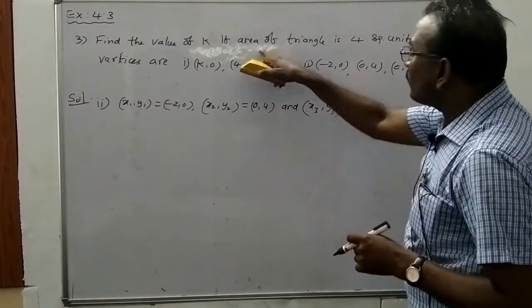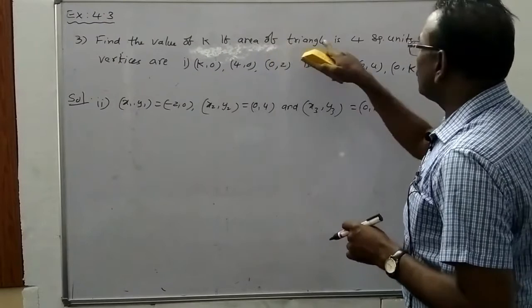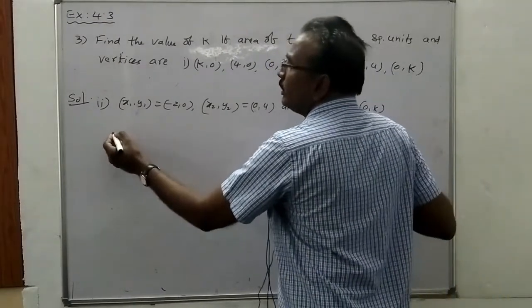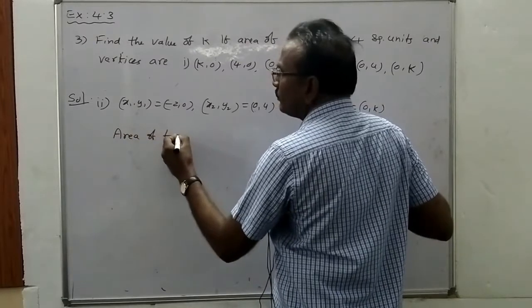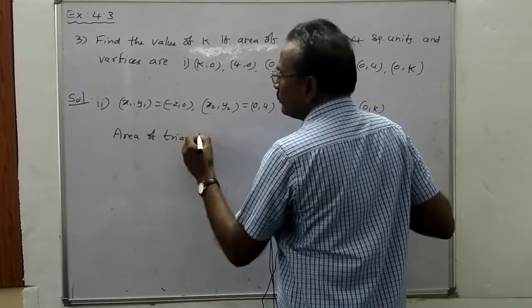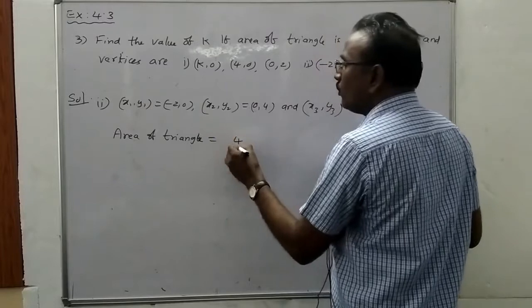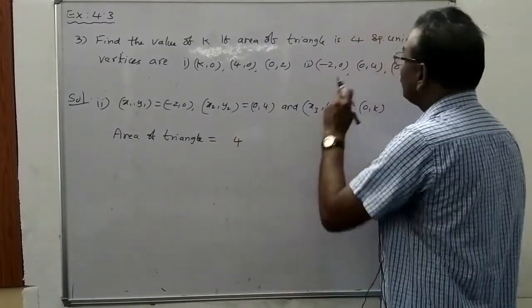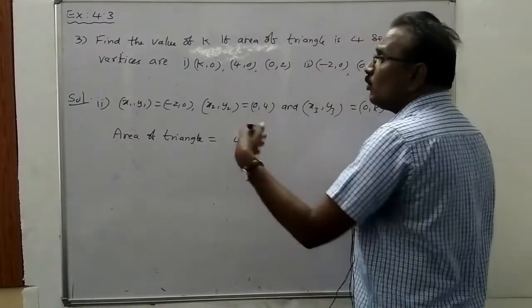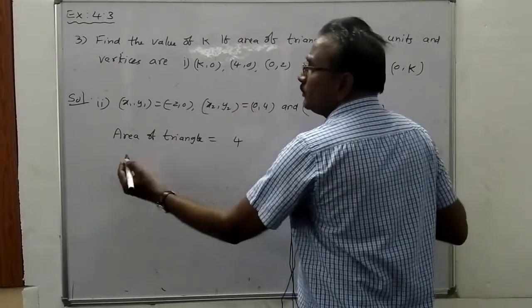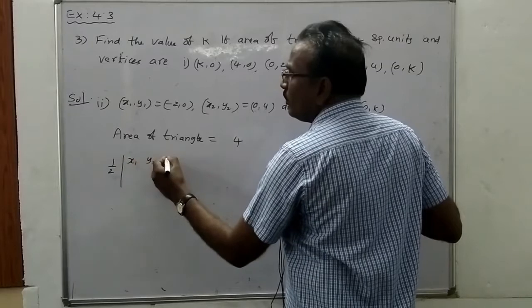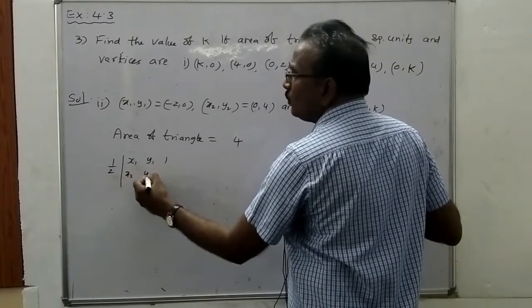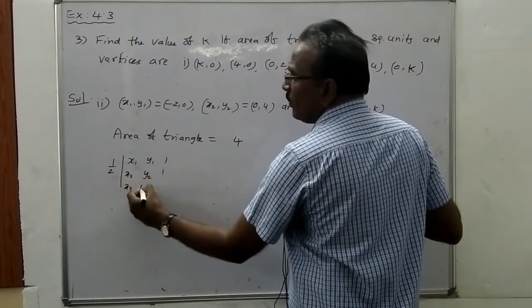You are given that the area of triangle ABC is 4 square units. Now what is the area of triangle formula? Half determinant of x1 y1 1, x2 y2 1, x3 y3 1.